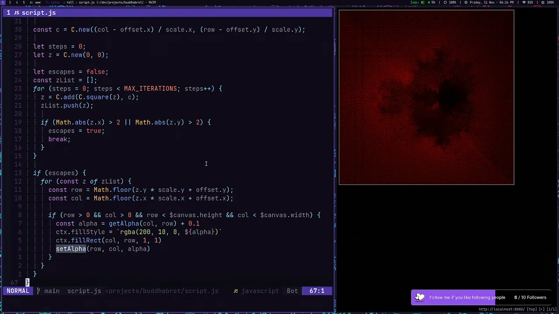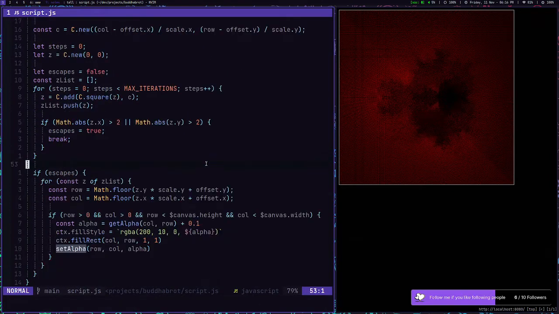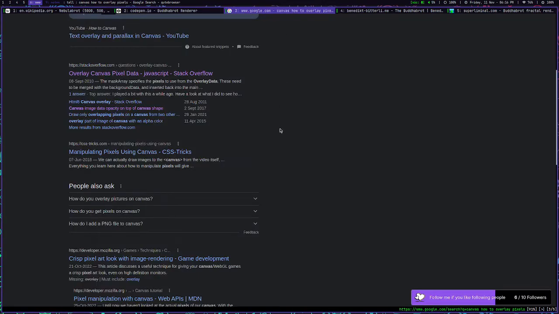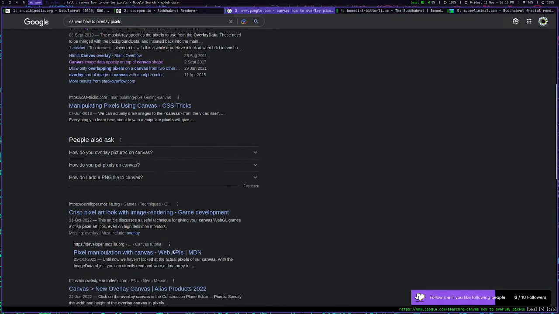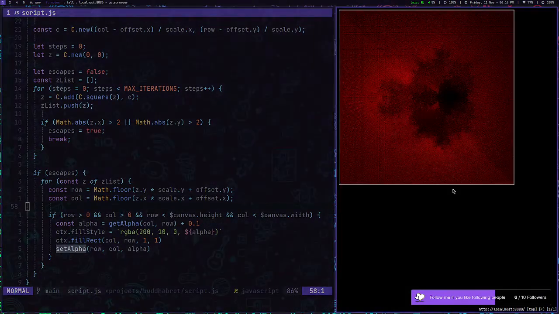Okay, back to the mandelbrot, the Buddhabrot actually. So we've got the technique right, which I think I am proud of. Crisp pixel art. Can't get any more crisp than this, buddy.